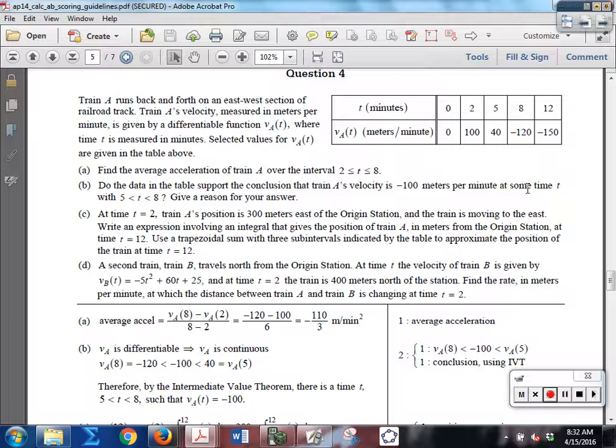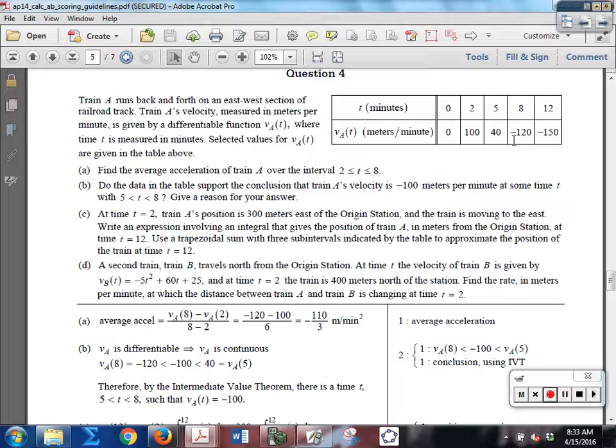They wrote that b of 8 is less than negative 100 is less than that. So you have to mention some numbers. You can't just say intermediate value theorem. You have to say that negative 100 is between these 2 values, so it's somewhere right there by the intermediate value theorem. Make sure you don't just say intermediate value theorem or mean value theorem. You've got to say the numbers that go with it.